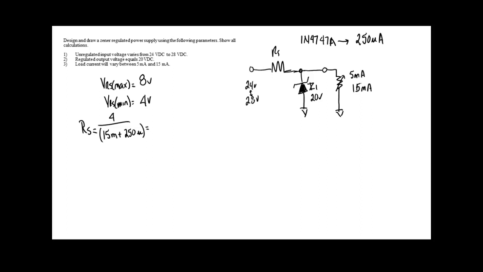Then I'd open parentheses, and I'd put 15 times 10 to the minus third plus 250 times 10 to the minus 6, close parentheses, and you're equal. 262. We're going to round down anyway, so putting the 0.9 out there is a waste of time.